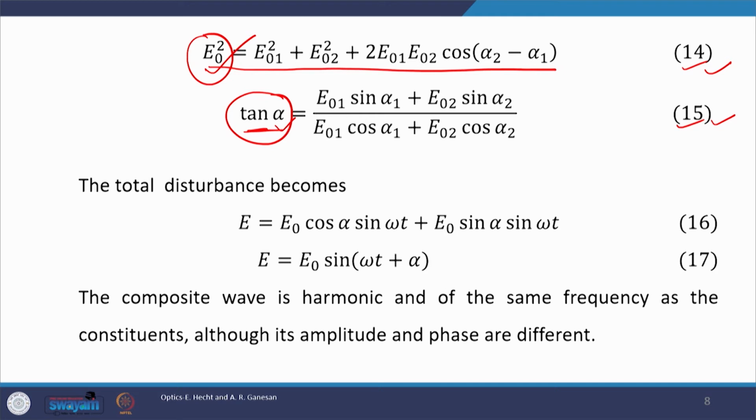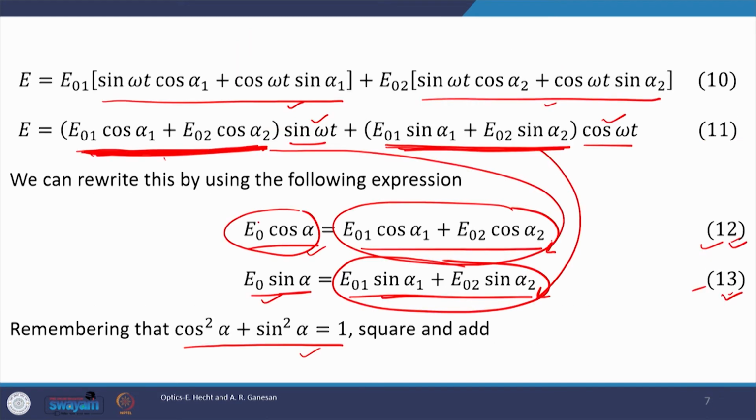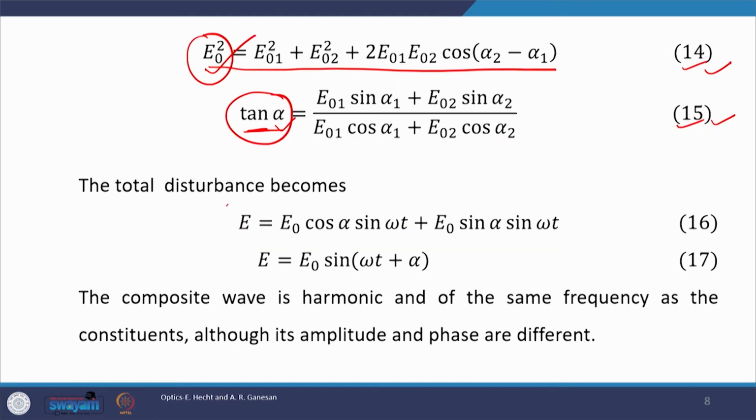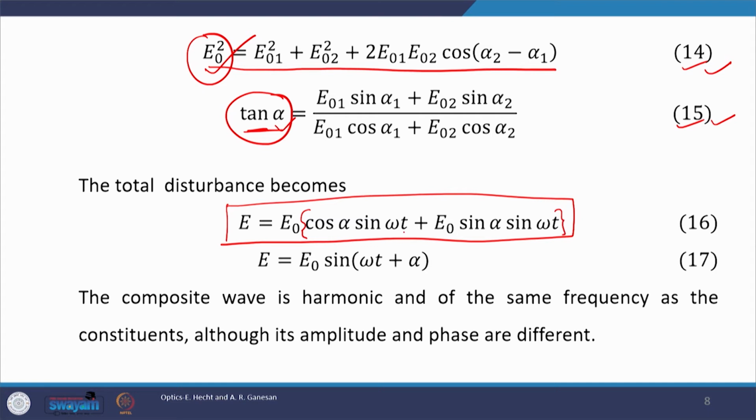Now, let us substitute equations number 12 and 13 back into equation number 11. If we do, we get this new expression for the total disturbance. If you take E naught out of the bracket, this expression is nothing but the sin(A plus B) formula.